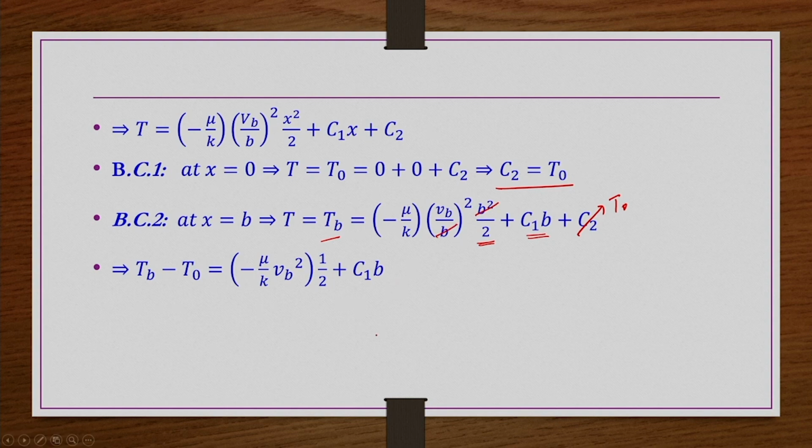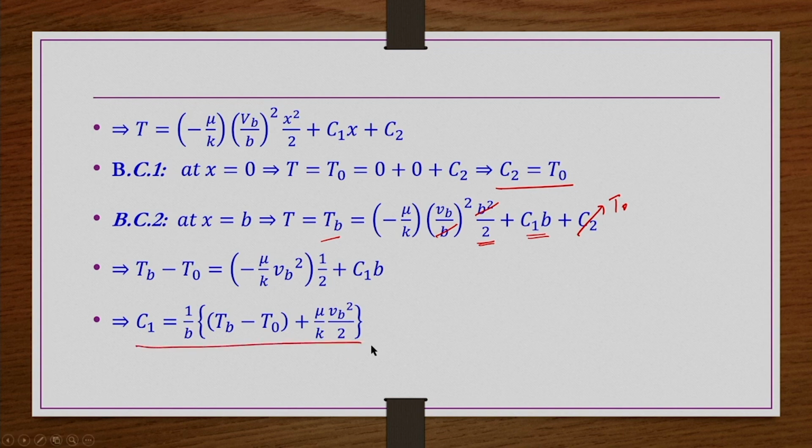So, from here C1 we get as 1 by b (Tb minus T naught) plus μ by k Vb square by 2. So, this is C1. Now, this C1 and this C2 both we substitute in this equation and then simplify to get the required temperature profile.